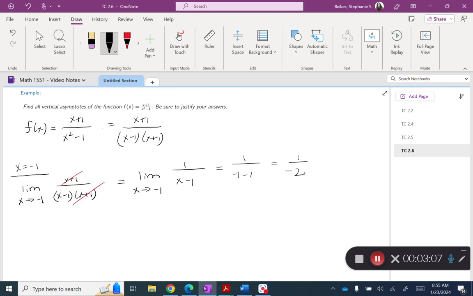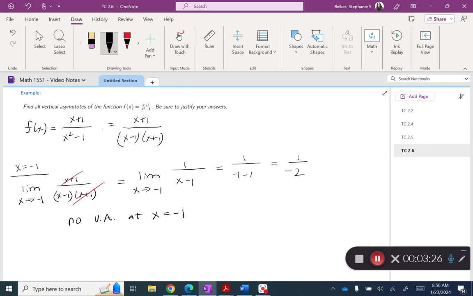So we can see here that the limit exists. We have a finite number, and so there's going to be no vertical asymptote at x equals negative 1.